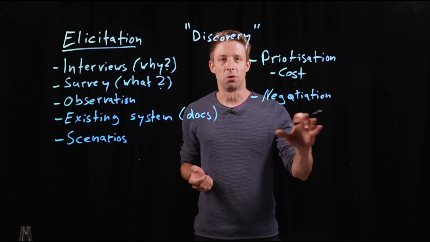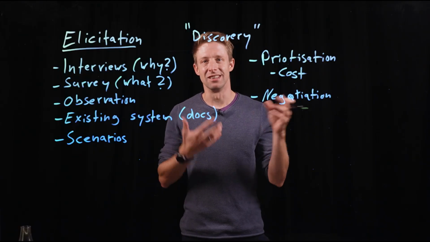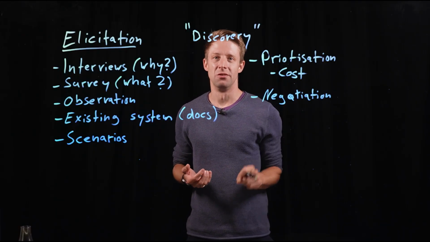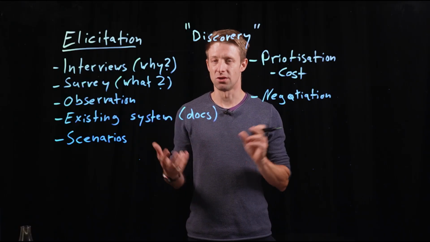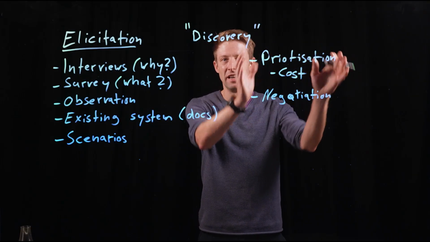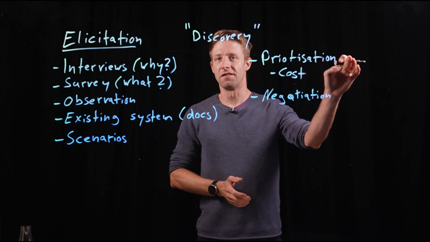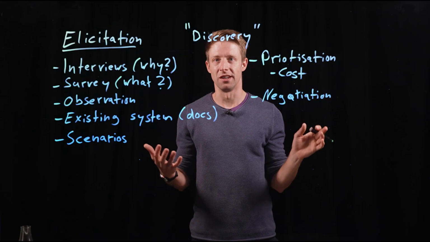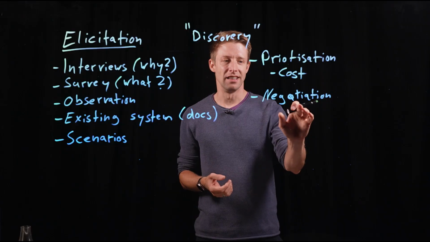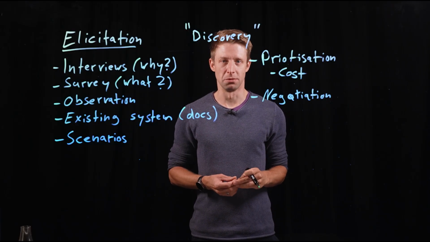And the more stakeholders you have involved, especially if they have power, if it's clients or end users, you might really have to spend a lot of time on these trade-offs and discussing them. So it's not just about finding all the requirements, it's also getting them in a good shape so that you know what to implement first, you know what to skip if you run out of time or budget, and you actually satisfy your different stakeholders so that no one is really upset.